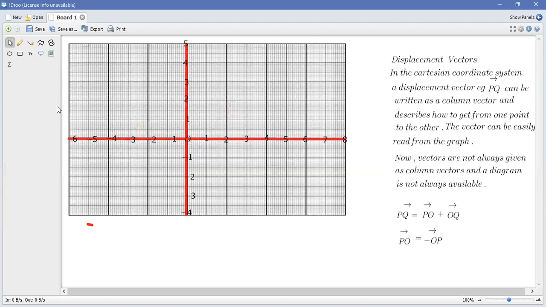Before I put the first one on the board, what do we use to identify a position vector? Come folks, talk to me please. What do we use to identify a position vector? It was in the notes.